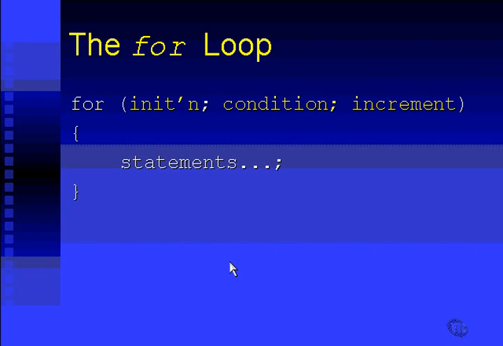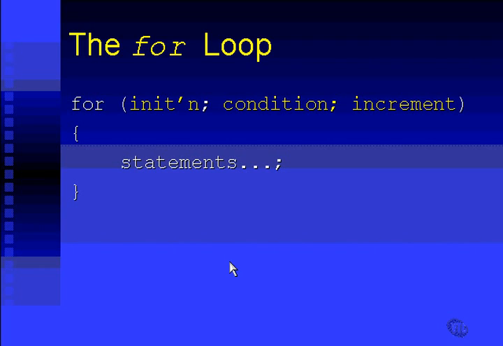Next, the condition is checked in the same way that the condition is checked in the while loop, and in the same way the condition is checked in the if statement. If the condition is true, we continue on into the loop, and if the condition is false, then we do not go into the loop at all. So we go into the loop if the condition is true and execute any statements in the loop. Now, here's the complex part.